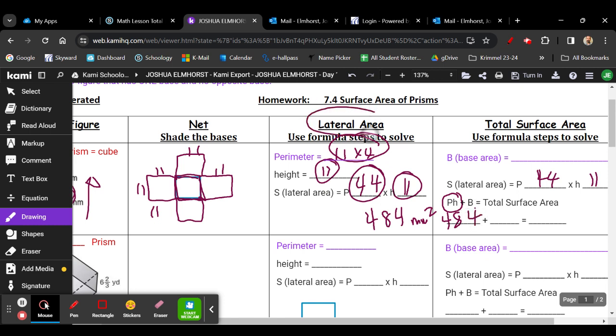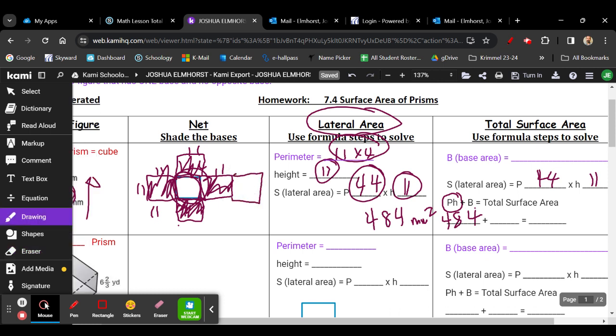Now, this is just the side surface area, the sides of the shape. So we found the surface area going around the cube. Now we need the total surface area, which means we have to add in the base area. So we have base here, but then we also need to somehow put the top, the parallel opposite side.